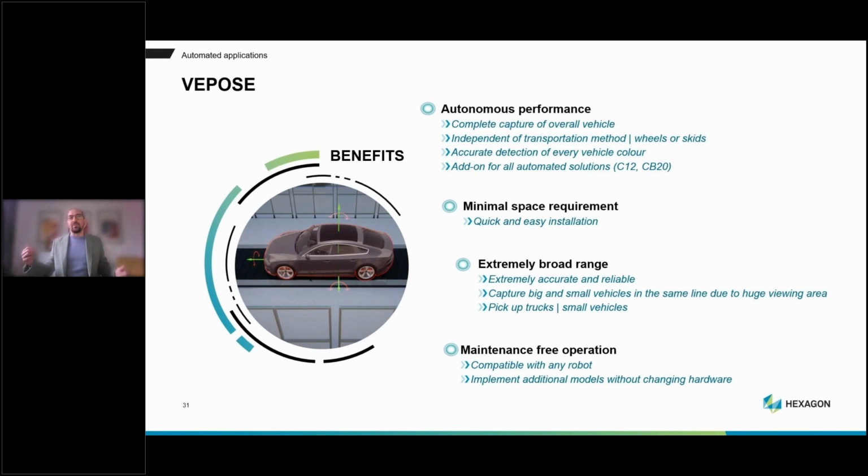It doesn't matter if it's a Smart or an F-250, both can be reliably and accurately captured. It's maintenance free, so once it's set and nobody touches it, you can use it basically forever. And it captures the complete vehicle, not just a couple of points, which will also allow us extreme offsets.